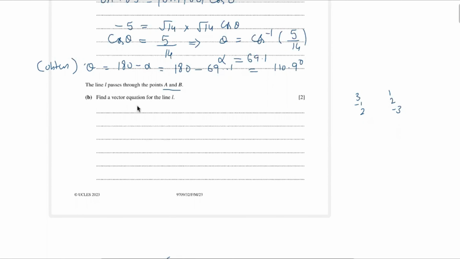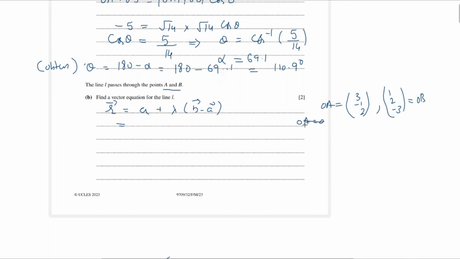Line passing through the points A and B. B part, find the equation for the line L. Now the general equation of the line which passes through 2 points will be equal to r equal to A plus lambda times B minus A. Now you can write B minus A, and OA we can write as A. Now you see here, this is OA, and this vector is OB, already given above.